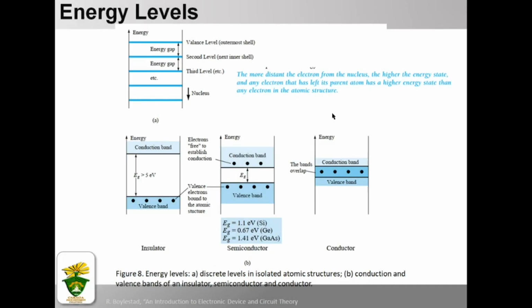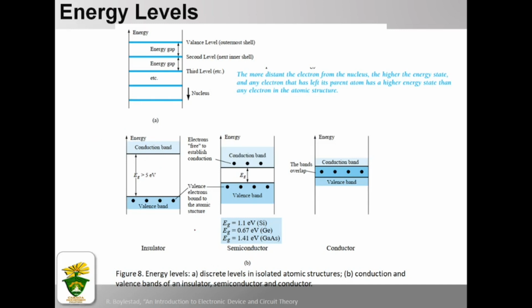Okay? Again, let me show you some figures to illustrate and validate our earlier claims that there are certain electron volts, or an energy gap, to satisfy in order for these valence electrons to jump into the conduction band.